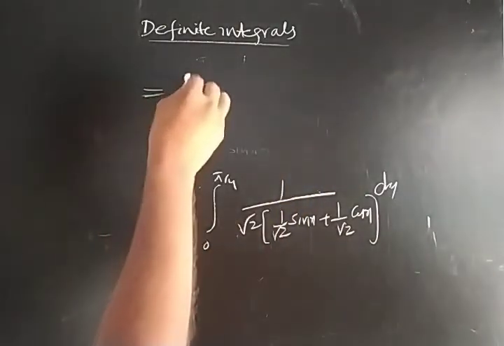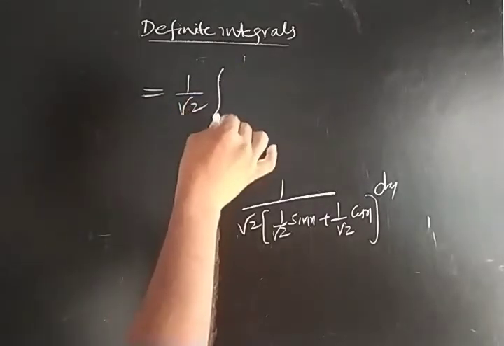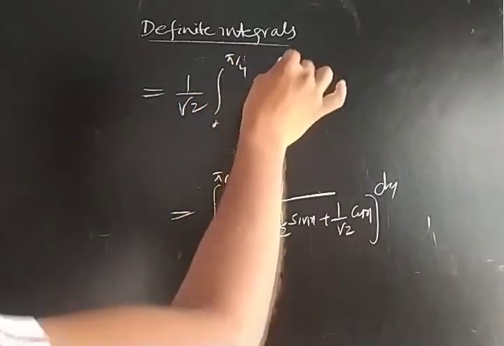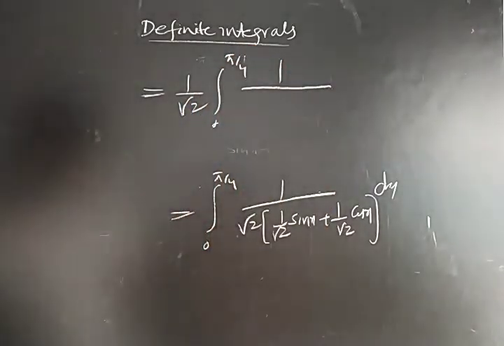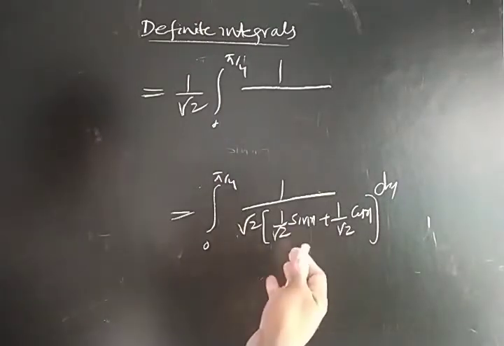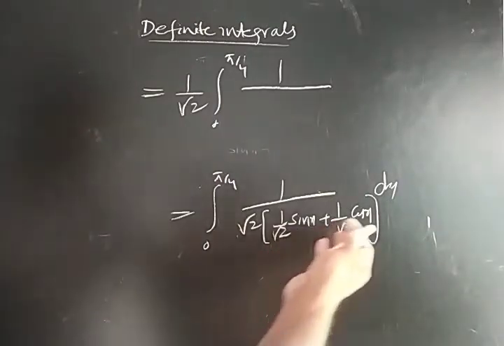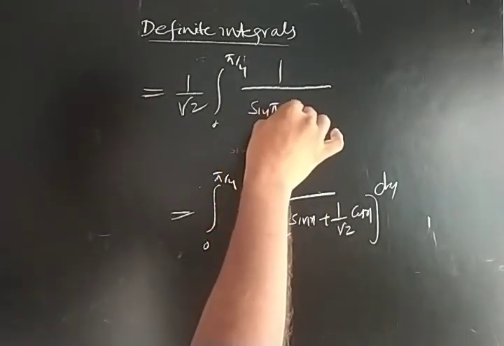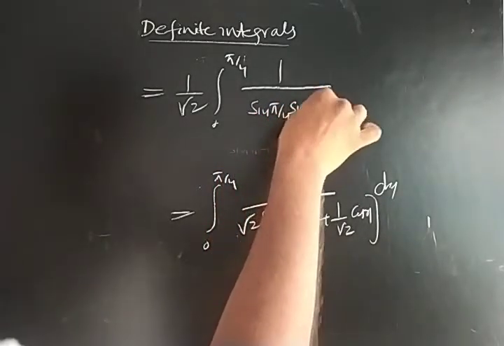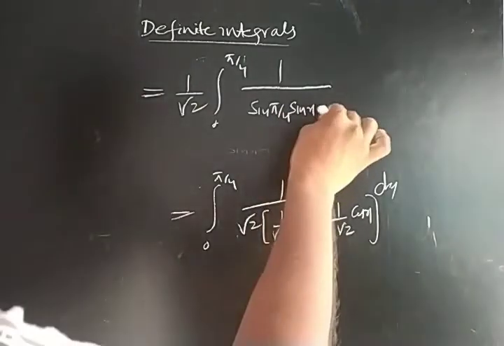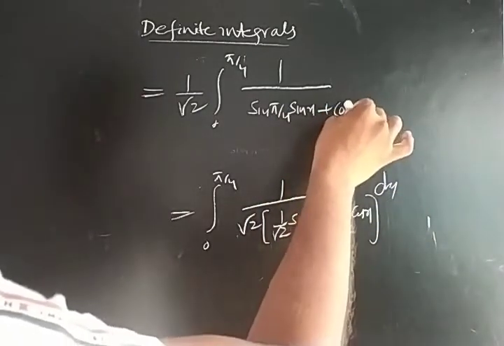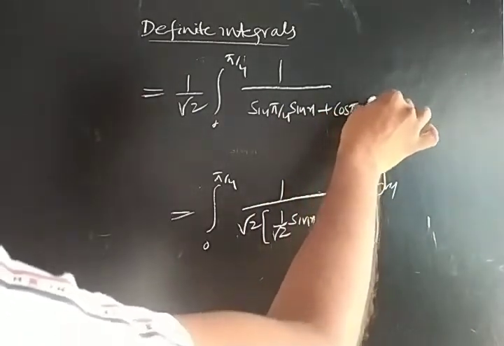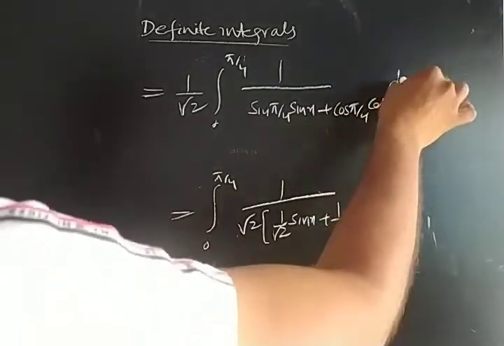So take 1 by root 2 also, 1 by root 2, 0 to pi by 4, 1 by, in place of root 2 we can write sin pi by 4, here cos pi by 4. So here sin pi by 4 sin x, sin pi by 4 is 1 by root 2, no? So in place of 1 by root 2 again we can write sin pi by 4, cos pi by 4 cos x dx.